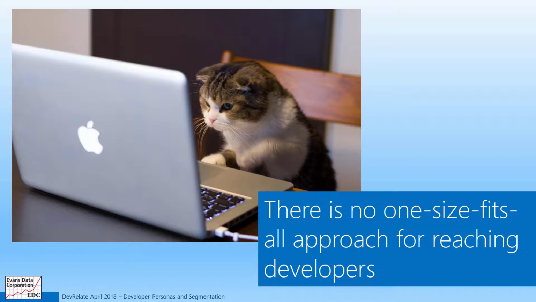At the very core, we believe at Evans Data that there is no one-size-fits-all approach for reaching developers. That's why segmentation and developer profiling is an important part of what we do. We help people understand that it's not so cut and dry. Developers are a very diverse group of people.